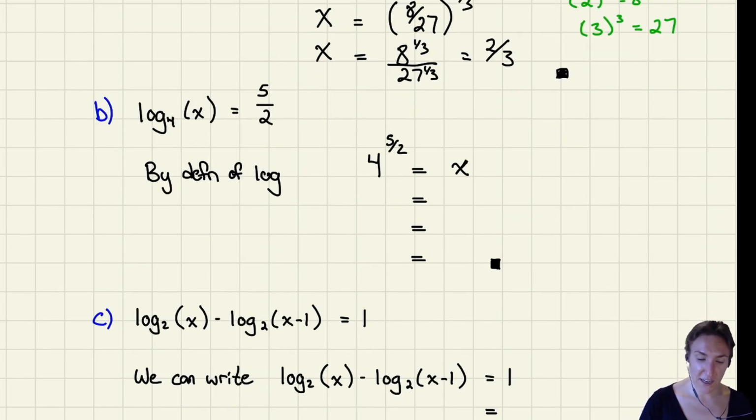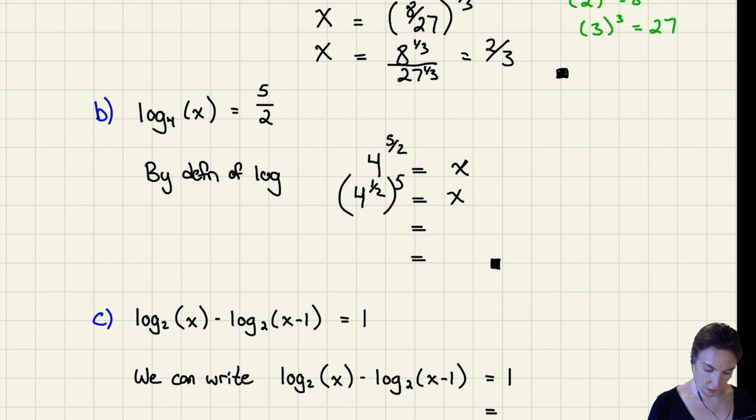So if we simplify it a little bit, let's try to get rid of these exponents. This means 4 to the 1/2, to the 5. Or you can write it as 4 to the power 5 all times 1/2. But we know what the square root of 4 is. The square root of 4 is equal to 2. Okay, so I can write this as 2 to the power of 5. And what is that equal to? That's equal to 32.